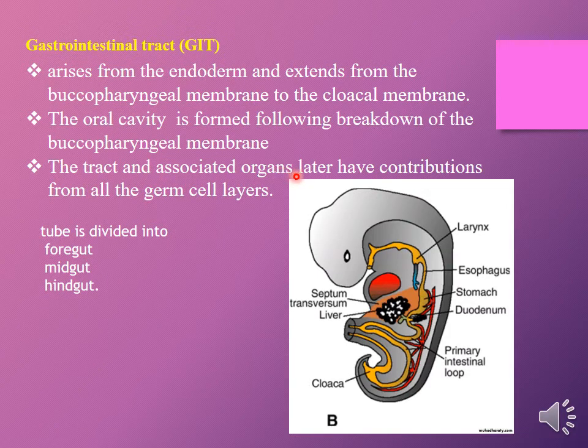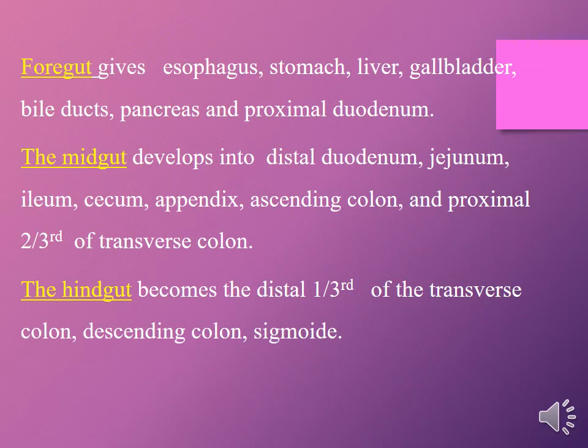The tract and associated organs later have contributions from all the germ layers, which are the ectoderm, endoderm, and mesoderm. The gut tube is divided into three main parts: foregut, midgut, and hindgut. The foregut gives esophagus, stomach, liver, gallbladder, bile ducts, pancreas, and proximal duodenum.